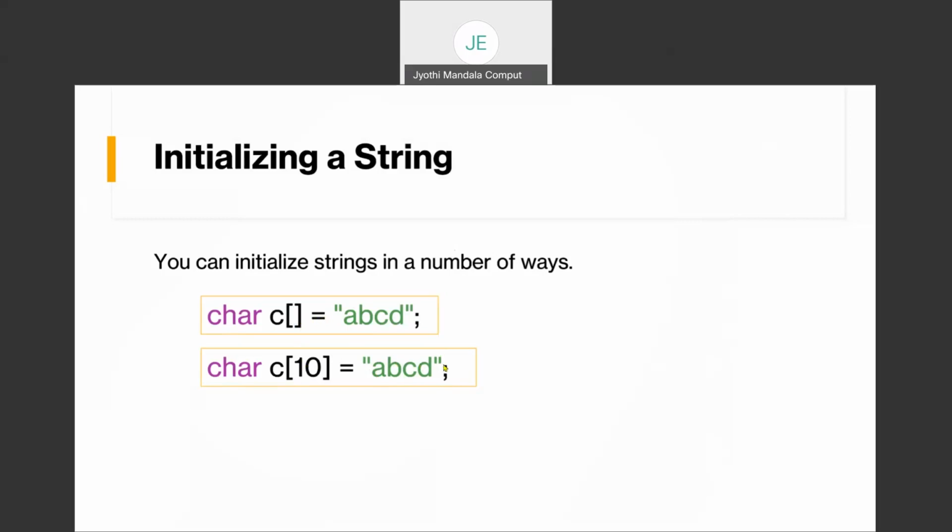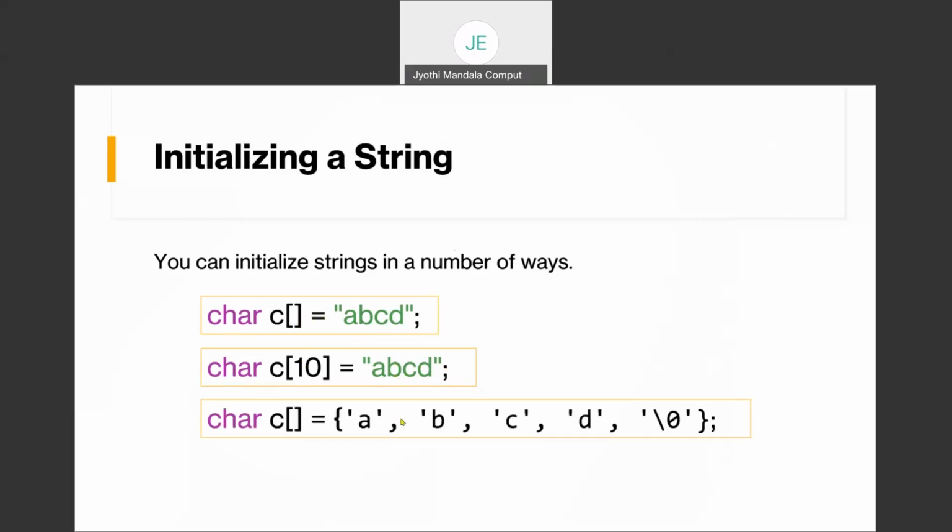You have a third option also, where individual characters can be mentioned like this. Observe here, I am telling the compiler in detail: first memory location is A. A is a single character, that's why I'm mentioning it in single quotes. And if you observe, this is nothing but a one-dimensional array, and values you will be giving like this. If it is integer data types, then all the values are separated by a comma.